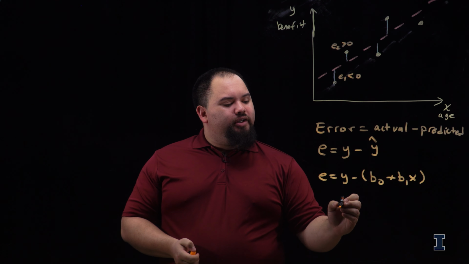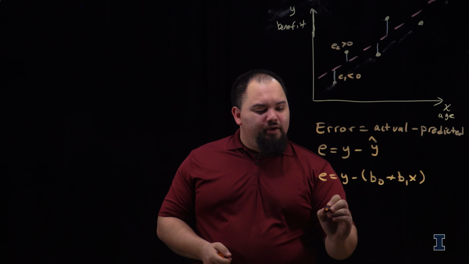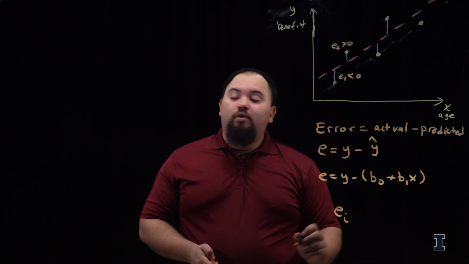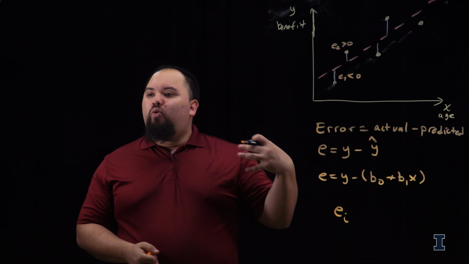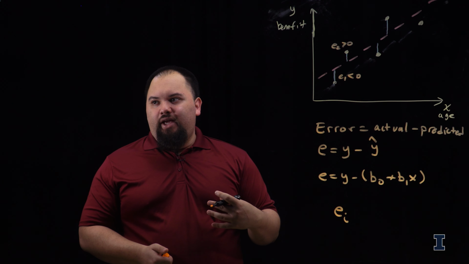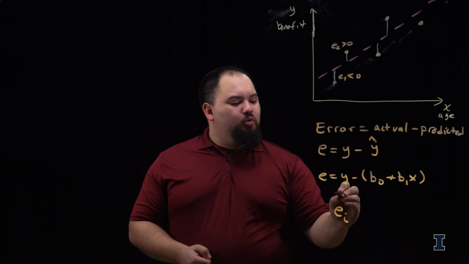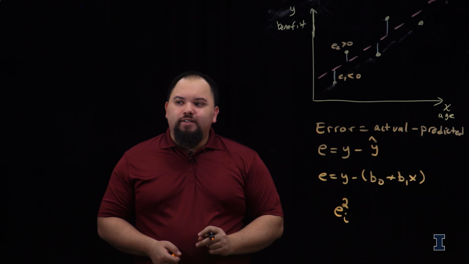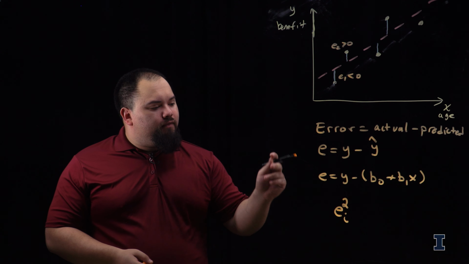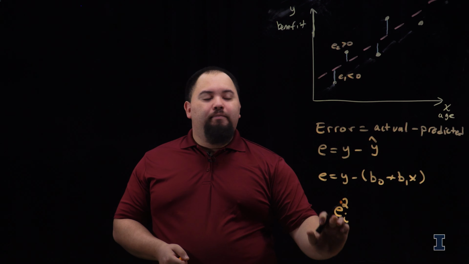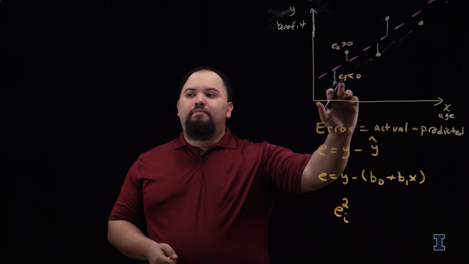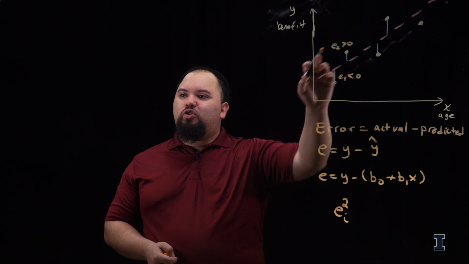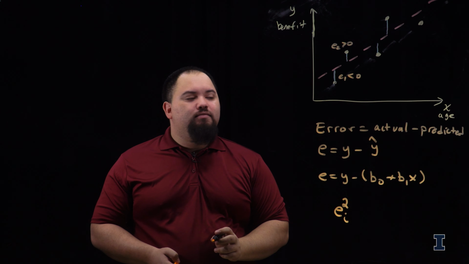What we do is we take our error, E, and we have a bunch of different points, so I'm going to index this. We want to square these errors. This has two purposes. First off, when we square the error, this negative error will, when squared, become positive, and so it won't cancel out with the positive error.